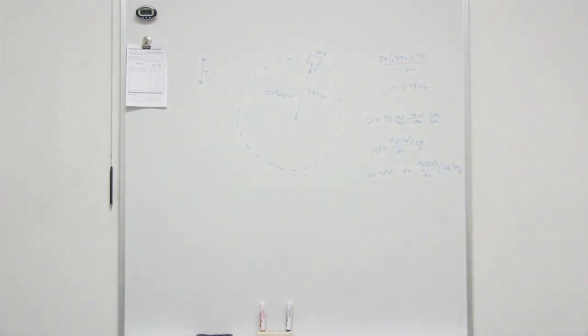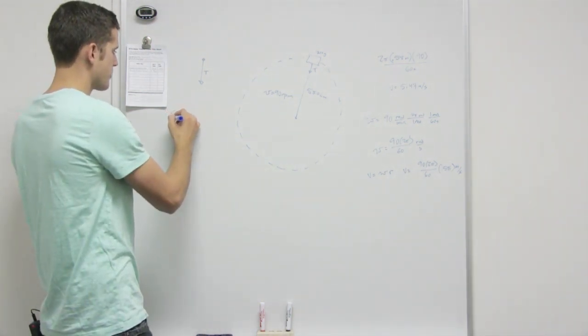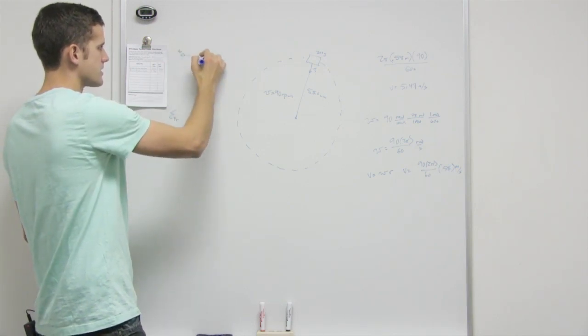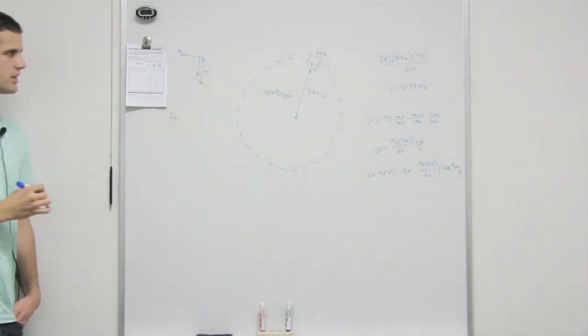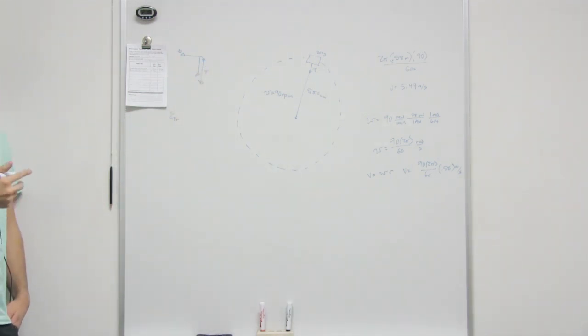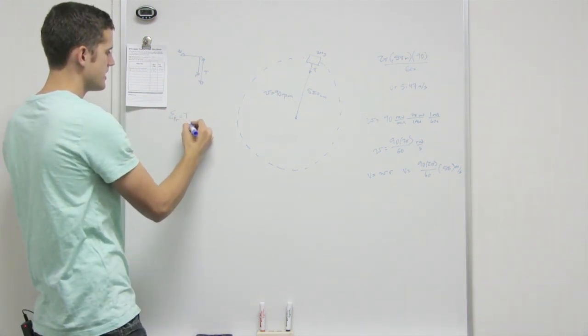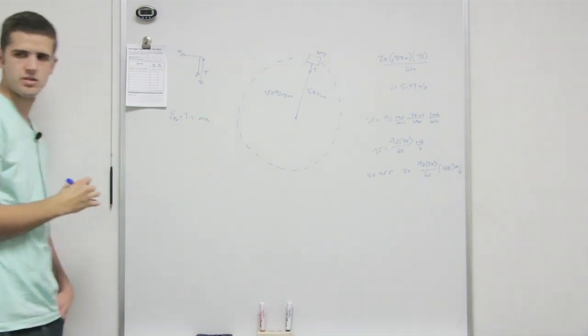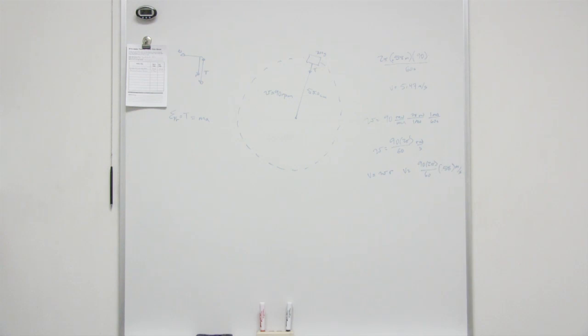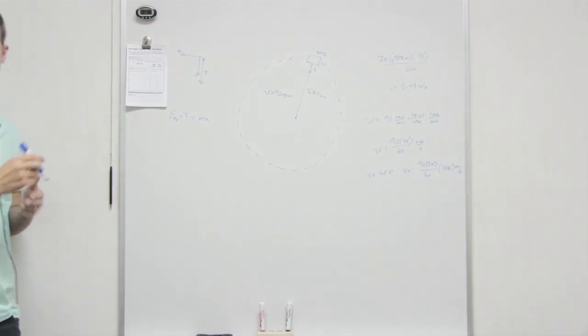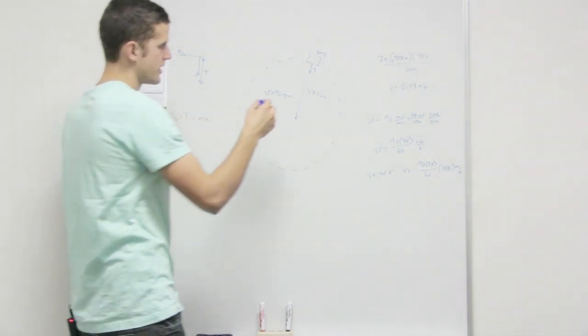So you'd sum your forces in the R direction. This is R, this would be T, this is the R direction for your coordinate system. So you have just T, and that equals mass times acceleration. What kind of acceleration points towards the center of the circle? You have tangential acceleration, and then you have the centripetal acceleration, which points straight towards the center.